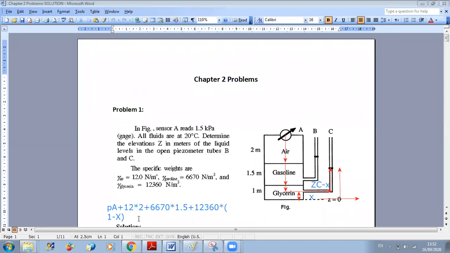So now if I continue in my expression, it's minus 12,360 times z of c minus x, and also it's equal to 0 because we said that the two tubes are open to atmosphere, so gauge pressure at this point is 0, and the only unknown in this equation is z of c. We can determine what is z of c. Okay, any question on this?